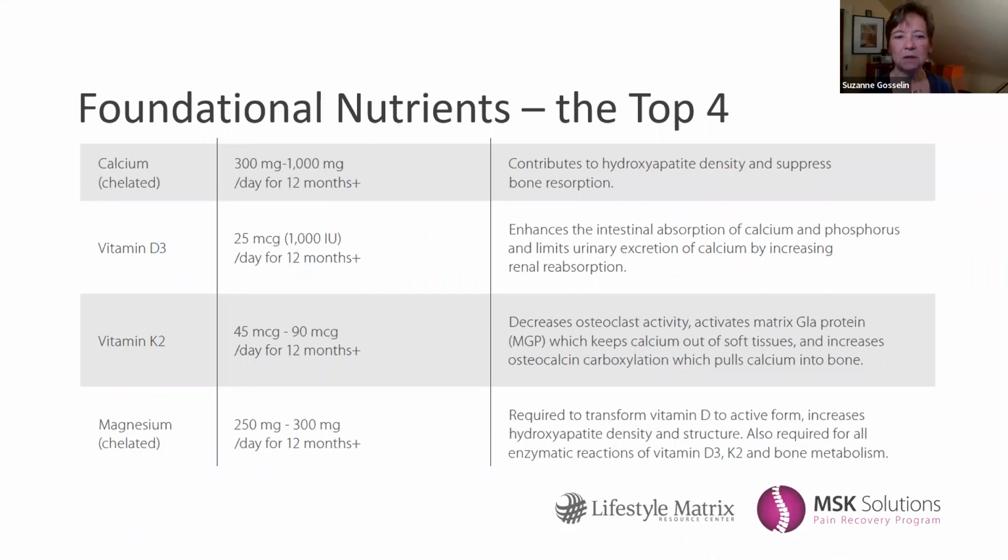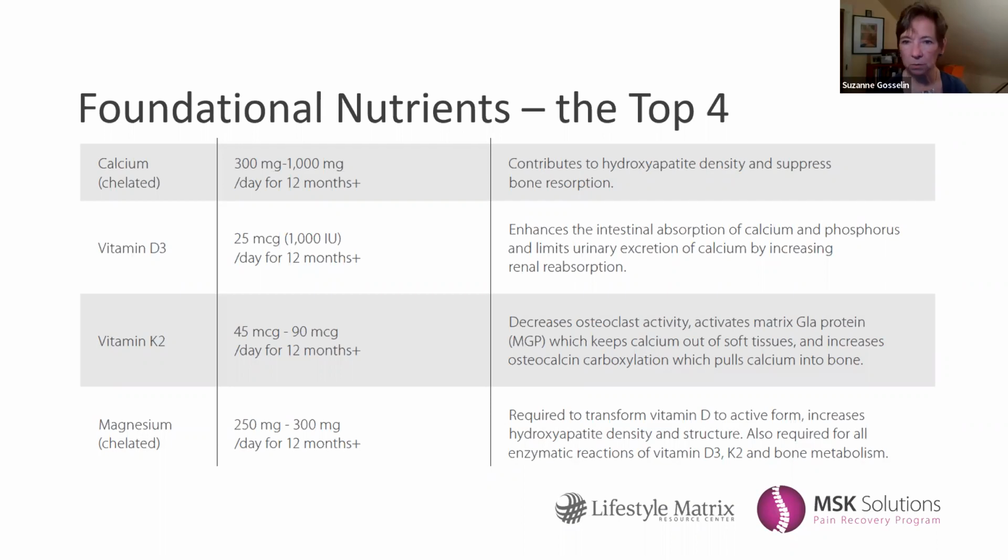So calcium is the major player in that hydroxyapatite density, and calcium alone helps to suppress bone resorption. Vitamin D helps with the intestinal absorption of calcium and phosphorus, and it also helps to limit the loss of calcium by the kidneys. Vitamin K, K2 in particular, is important to decrease osteoclast activity.